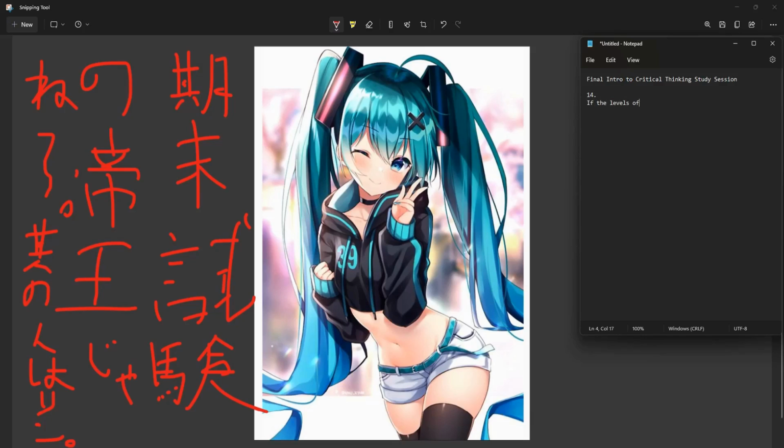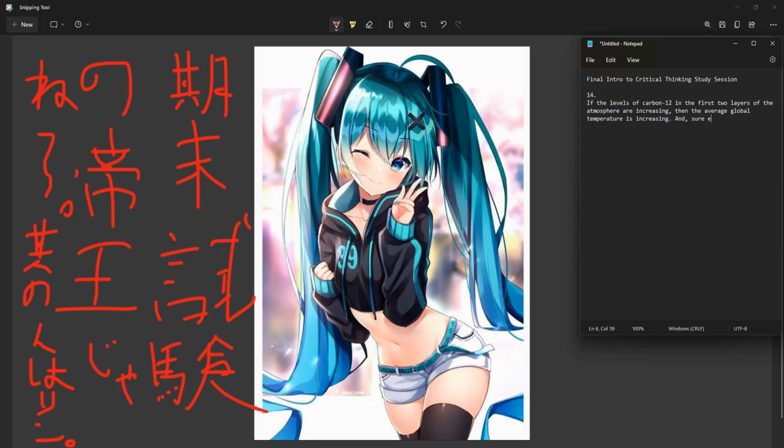If the levels of carbon 12 in the first 2 layers of the atmosphere are increasing, then the average global temperature is increasing.